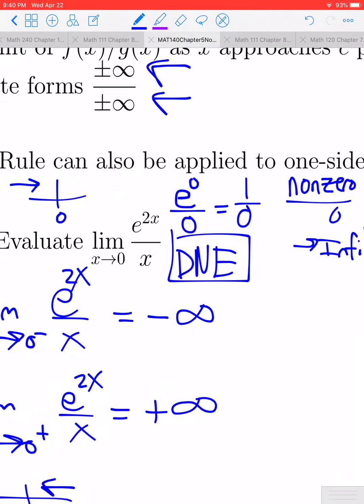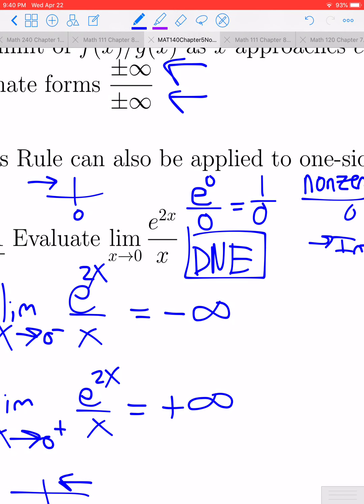Again, be very careful. We could not apply L'Hopital's rule here, because we didn't get an indeterminate form of the type 0 over 0, nor of the type infinity over infinity. This was a non-zero number over 0, which generally produces an infinite limit.